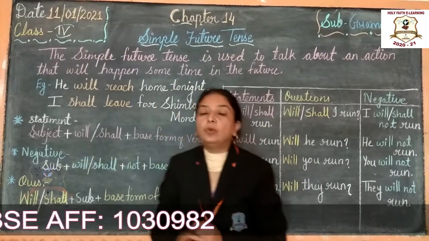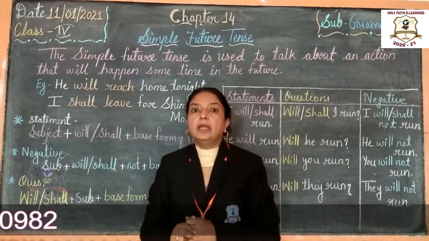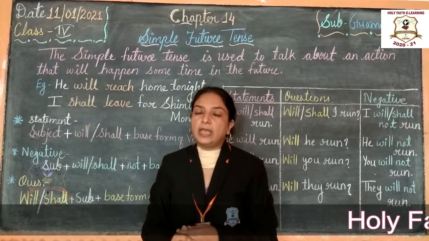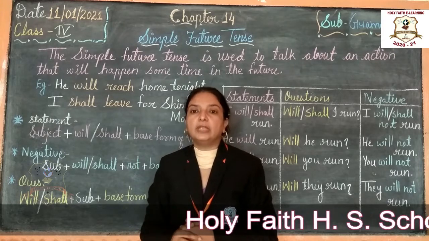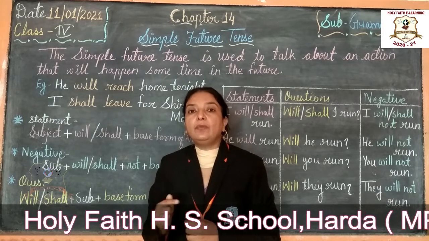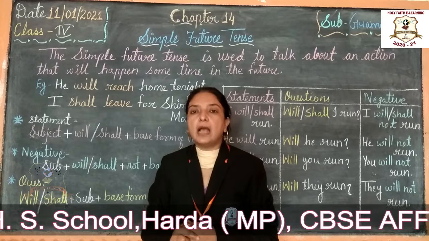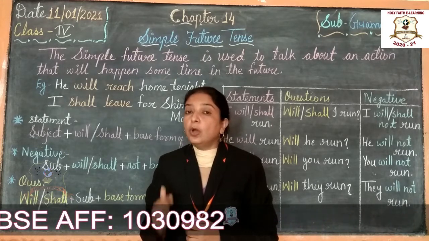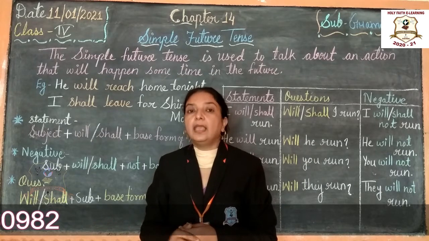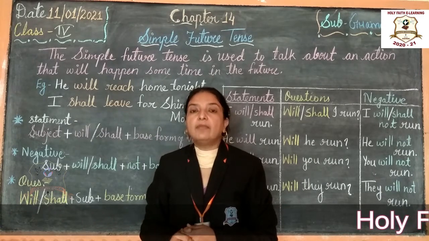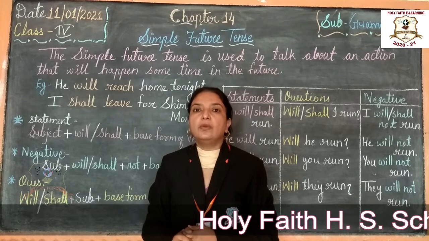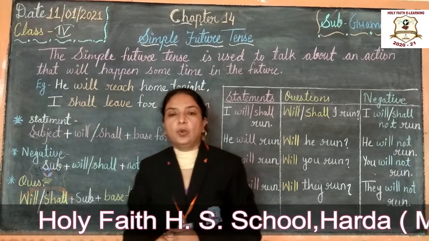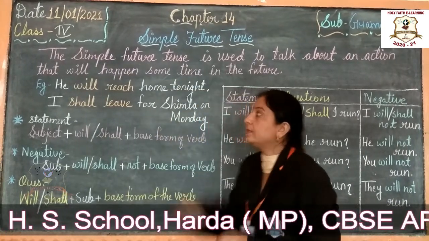You have to remember that we use will or shall plus base form of the verb for the statement. Generally we use shall with I or we. I और we के साथ हम shall use कर सकते हैं, and for the negative we add not after will or shall.